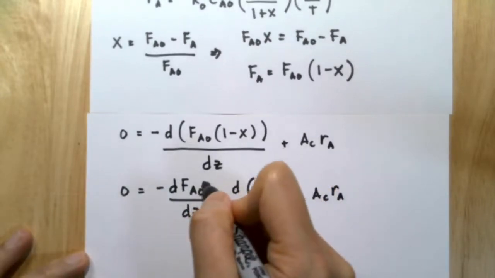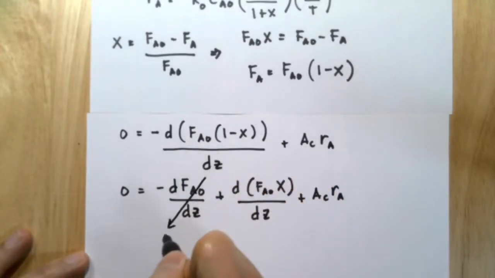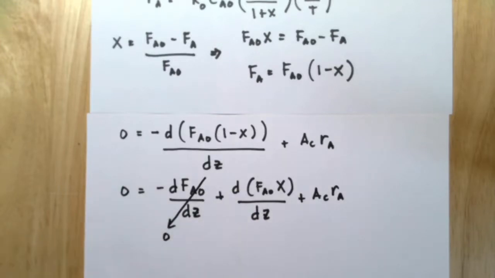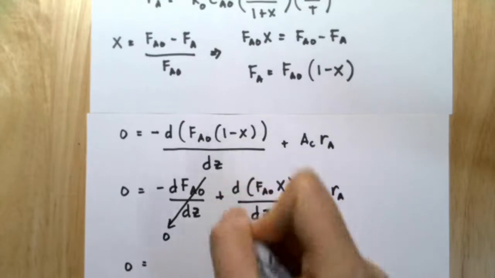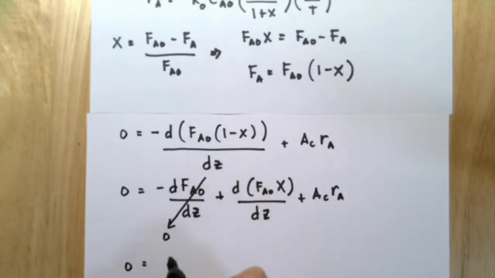FA0 is constant, so we can drop this term, and I can take FA0 out of the derivative. So I can write FA0 dX/dZ plus AC RA.